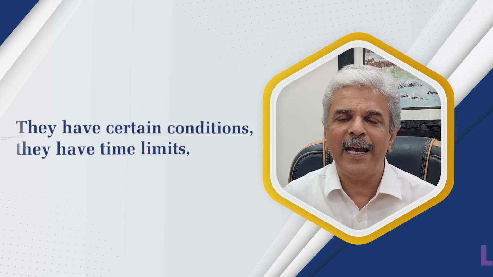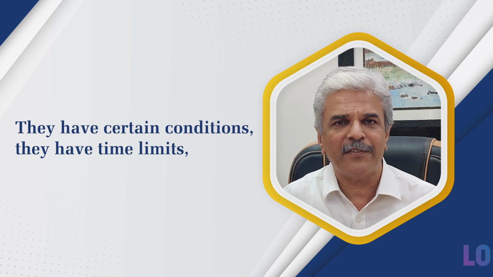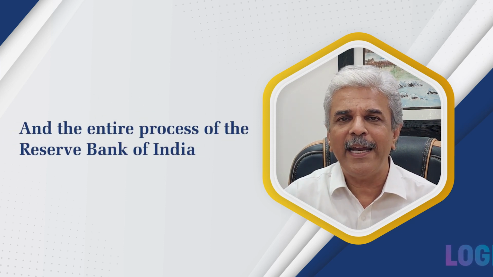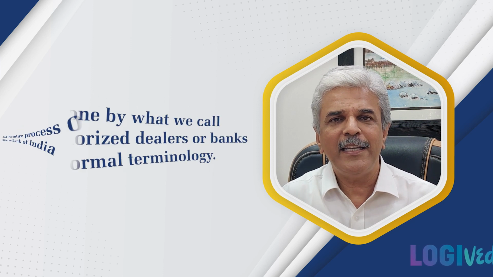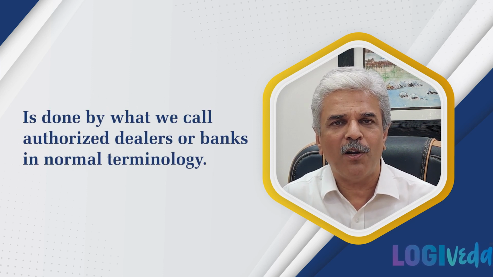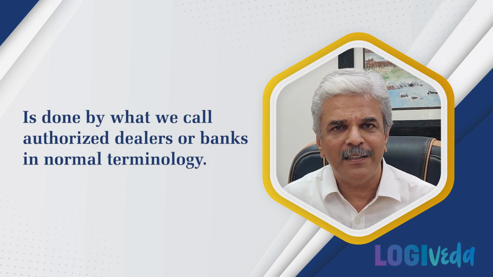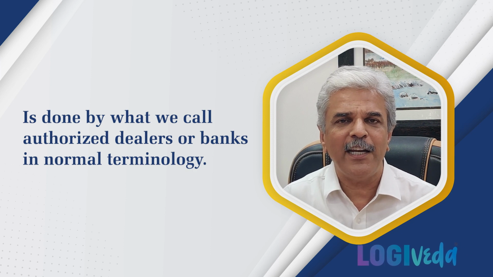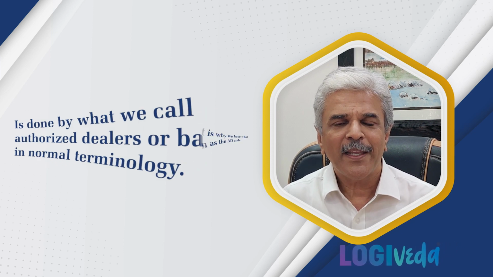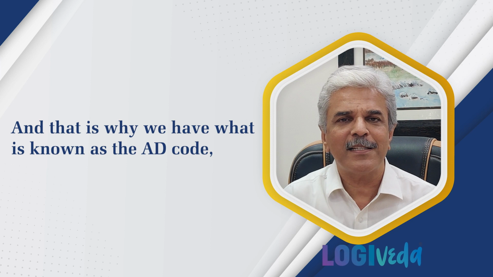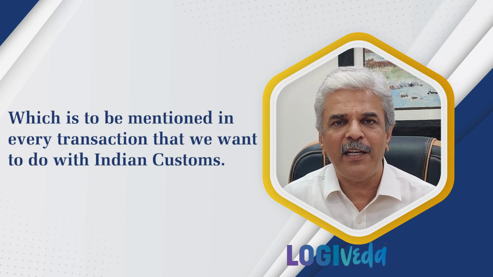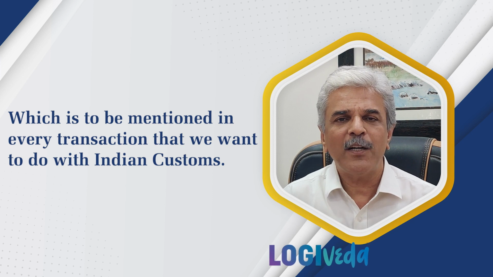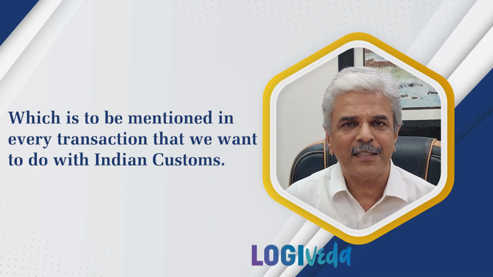Attached to that, they have certain conditions, they have time limits, and the entire process of the Reserve Bank of India is done by what we call authorized dealers or banks in normal terminology. And that is why we have what is known as the AD code, which is to be mentioned in every transaction that we want to do with Indian customs.